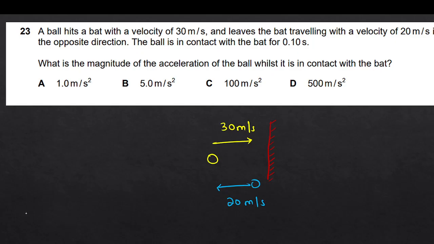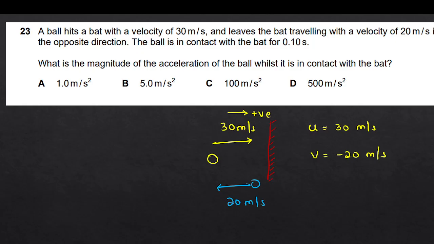If I have to write my initial velocity and final velocity, the initial velocity of the ball is 30 meter per second. The final velocity of the ball should be minus 20 meter per second, because I have taken this as my positive axis. So if it's going in the opposite direction, it has to be taken as negative.